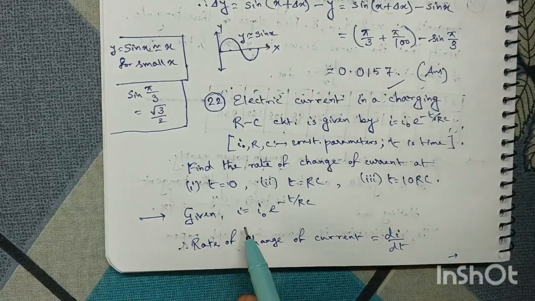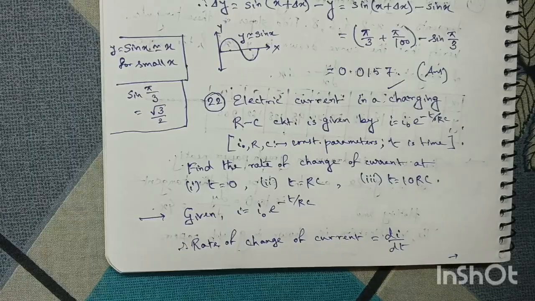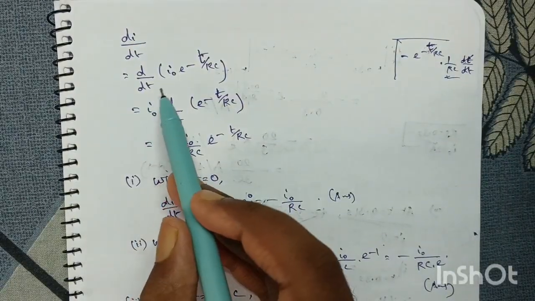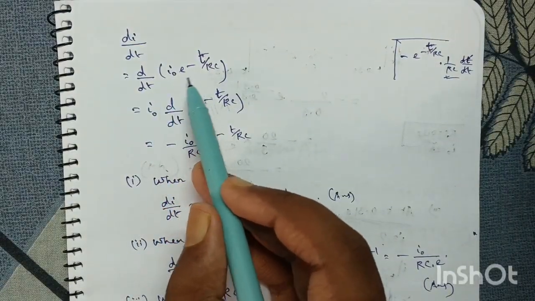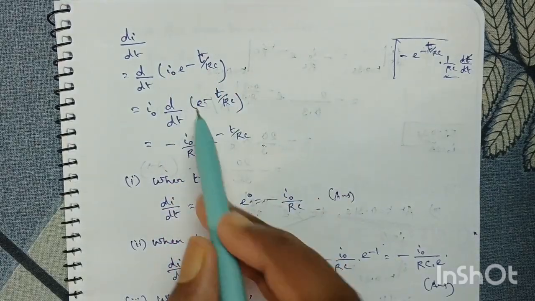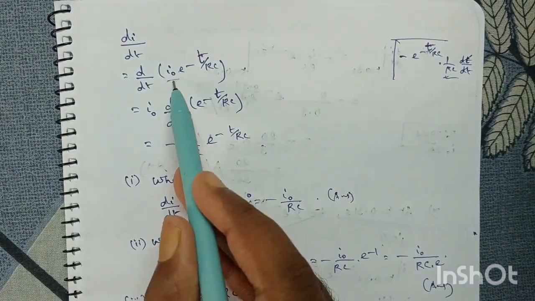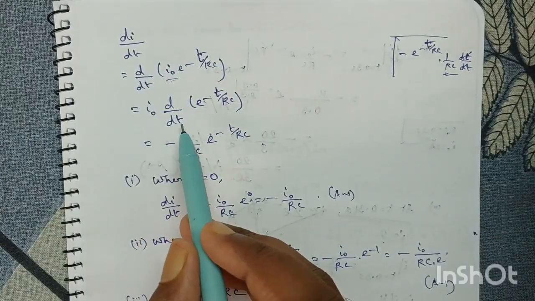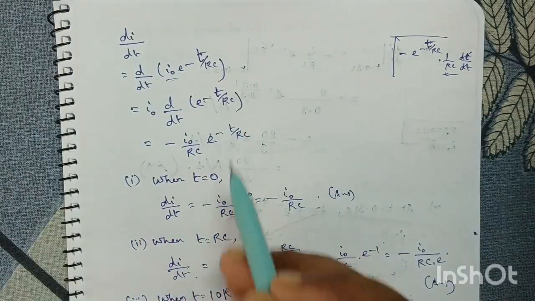Now, given that I is equal to I0 e to the power minus t over RC, therefore, rate of change of current is dI/dt. Now, dI/dt is equal to d/dt of I0 e to the power minus t by RC. I0 is constant, so it gets out. So it becomes I0 d/dt of e to the power minus t by RC.